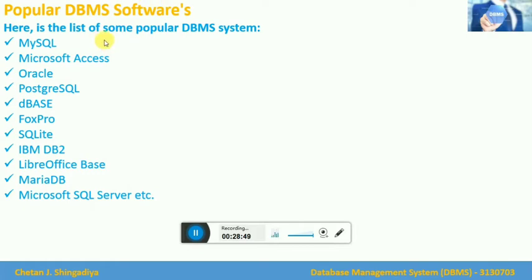These are the popular DBMS software on which we are going to define, manipulate and retrieve information based on the data. We can use any of these DBMS systems to perform the practicals that we have seen previously for this subject.